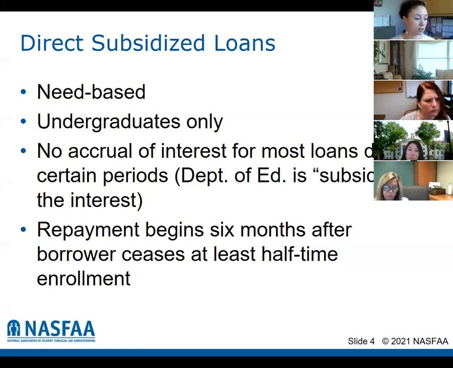That's how I phrase it to students and parents. During the grace period, your subsidized loan is going to continue to behave like you're in school. It's not going to accrue any interest, and there are no payments due.